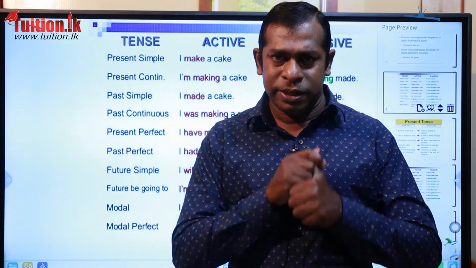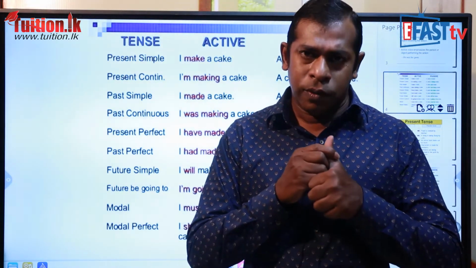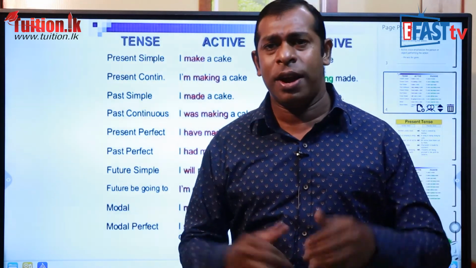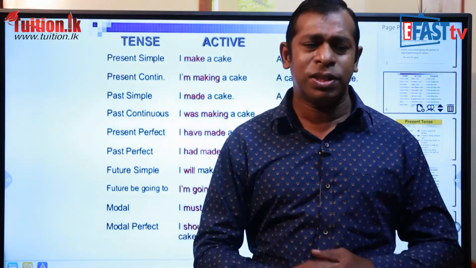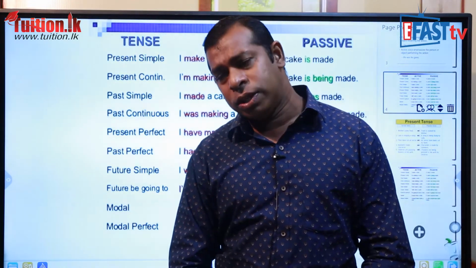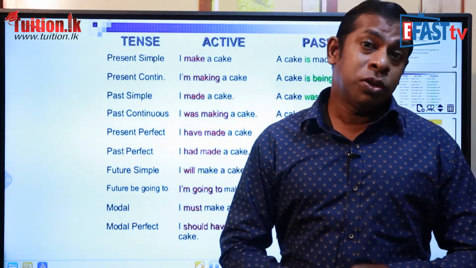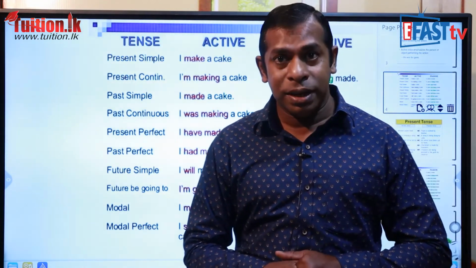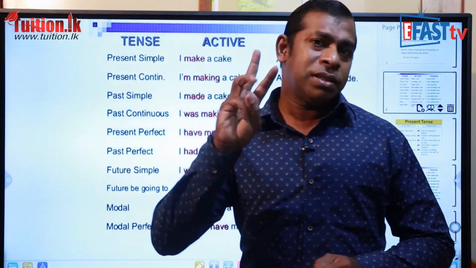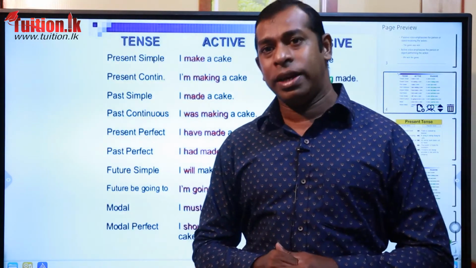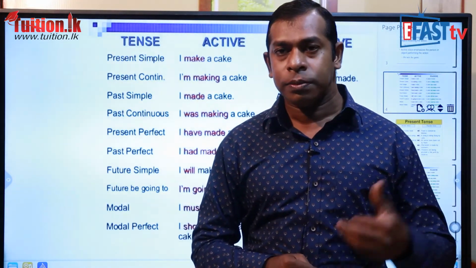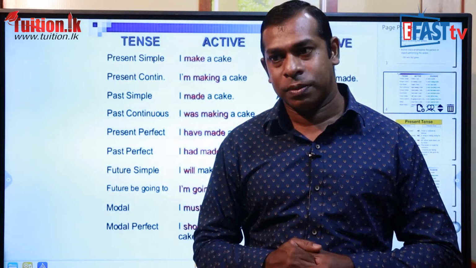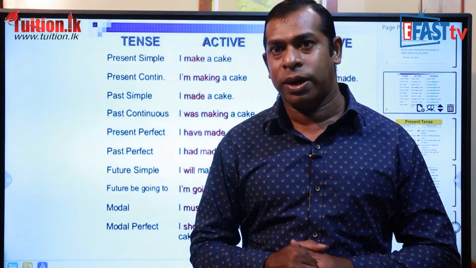So the first rule is we should answer one of these two questions, what and whom. The second rule is there should be a transitive verb. There is a third rule also. The third rule is the verb should be past participle.